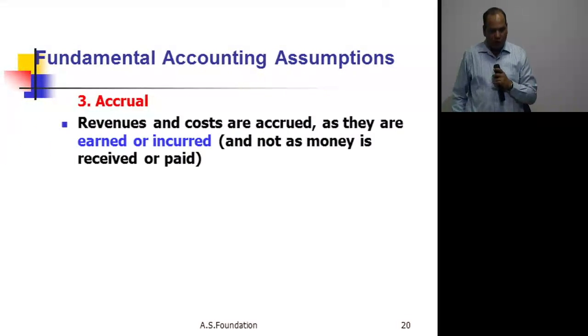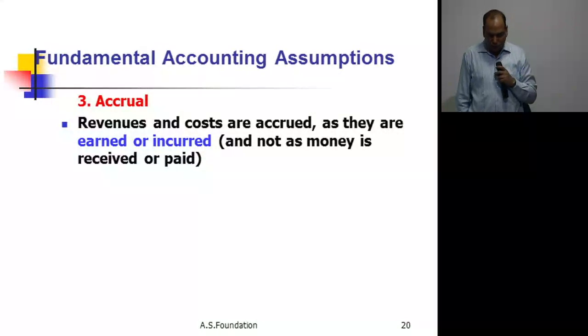And what is the third one? Accrual. The accrual concept is again very fundamental, which means income is recognized when it is earned, not necessarily when it is received. Expenditure is recognized when it is incurred, not necessarily when it is paid.